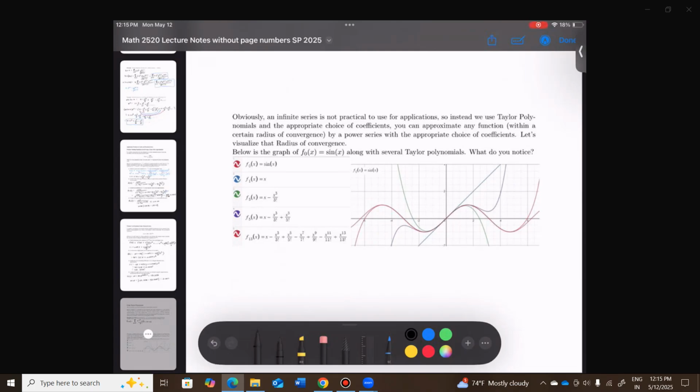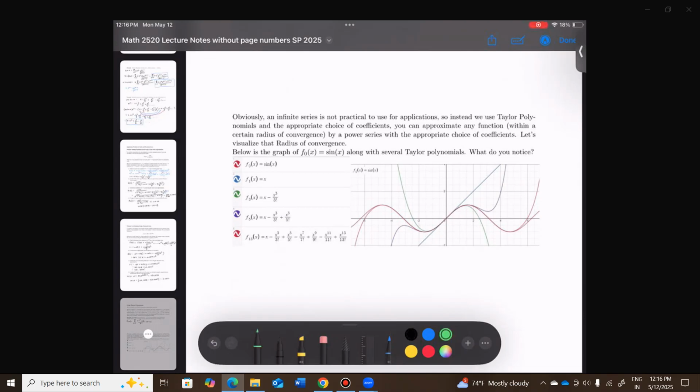We can see the radius of convergence. So if we look at the graph below, the first one is sine of x, the blue one is f of x equaling x, then we have x minus x cubed over 3 factorial, which is your green one.